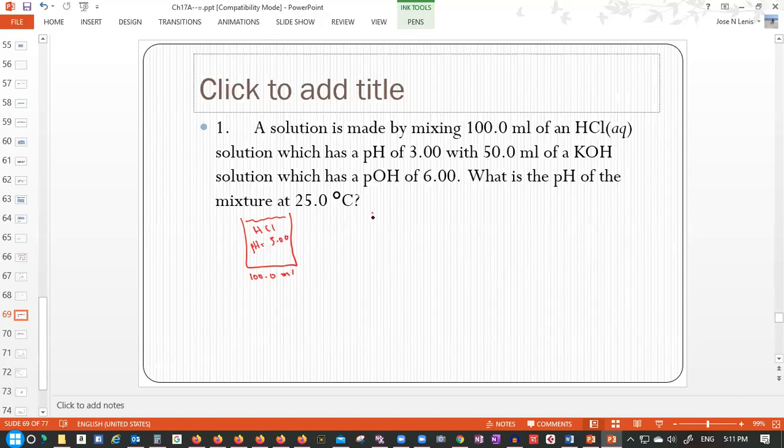And we have another solution containing 50 mLs, in this case KOH, and the pOH is 6.